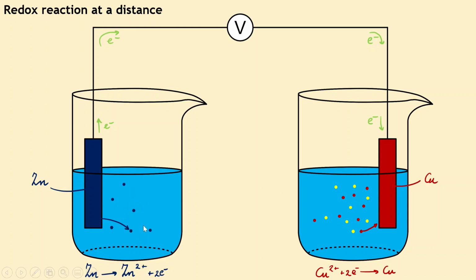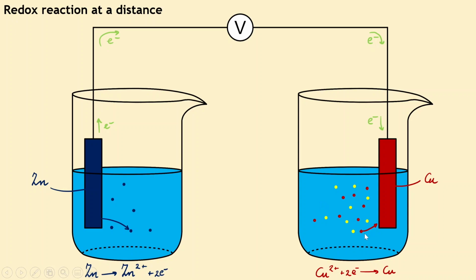Let's have a look at the left hand side. There will be more zinc ions coming into solution, which makes this solution positively charged. And the electrons are negatively charged, and as you probably know, positive charge and negative charge attract each other, so the electrons cannot depart from this electrode. They will be held here by the positive solution. On the right hand side, something similar occurs.